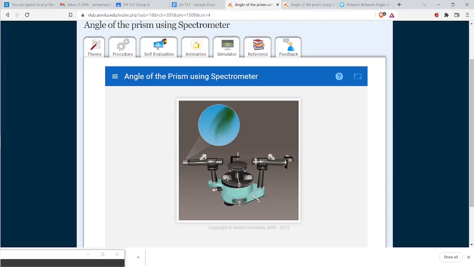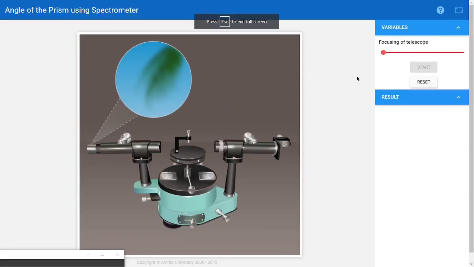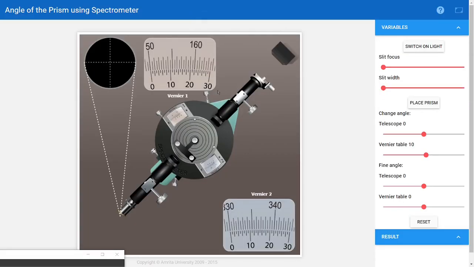This is window 1 and window 2 for the vernier. I just want to show you something about the apparatus. So this is my slit from where the light is coming.